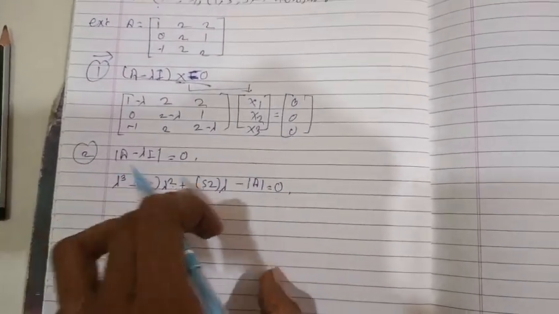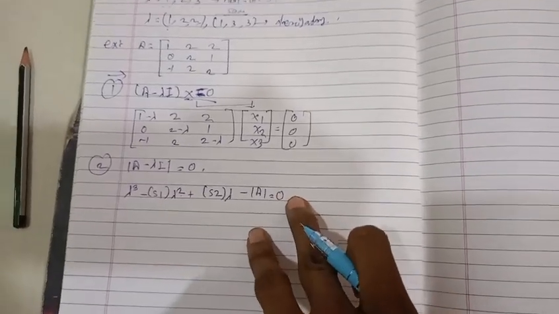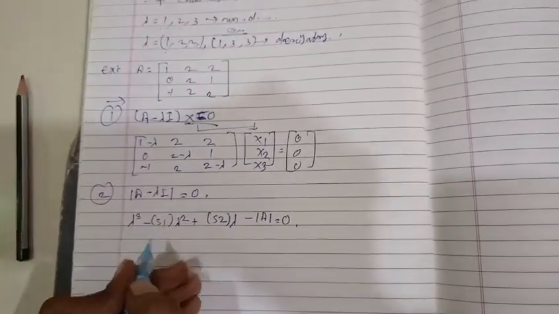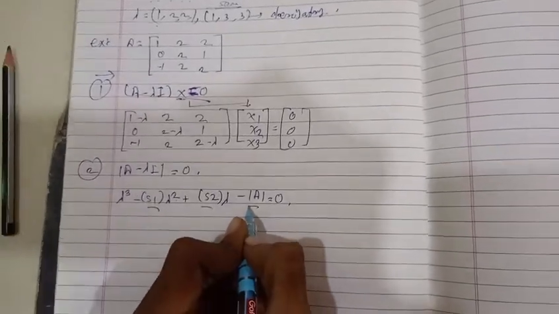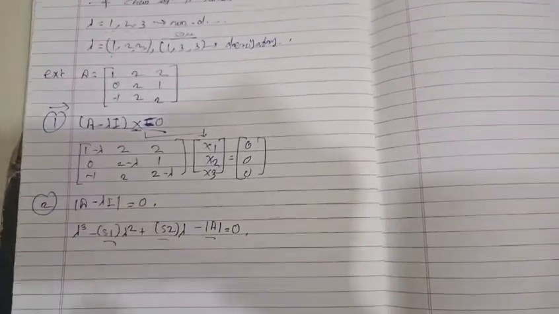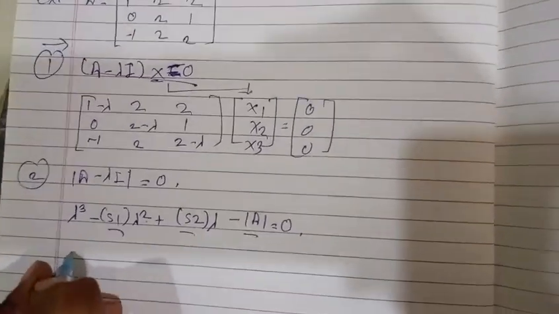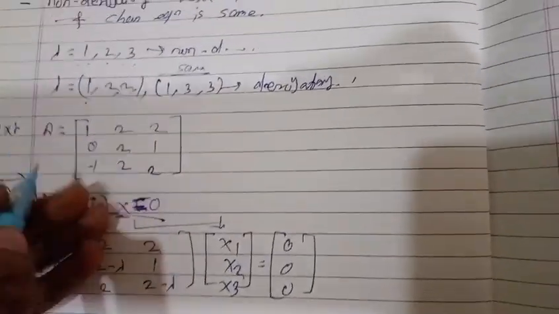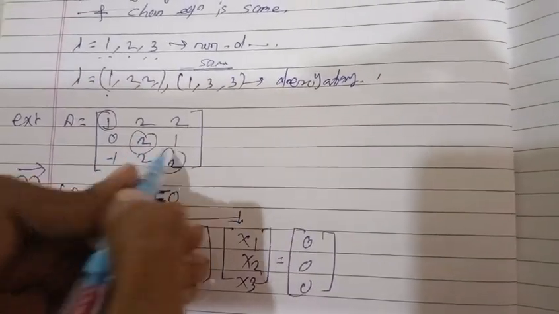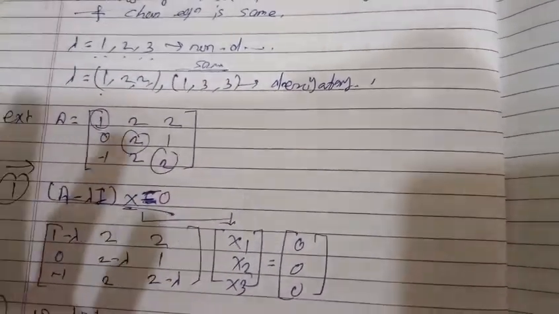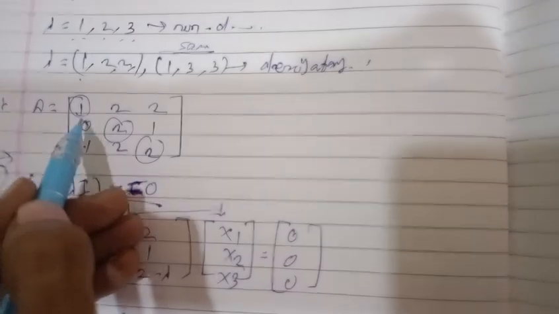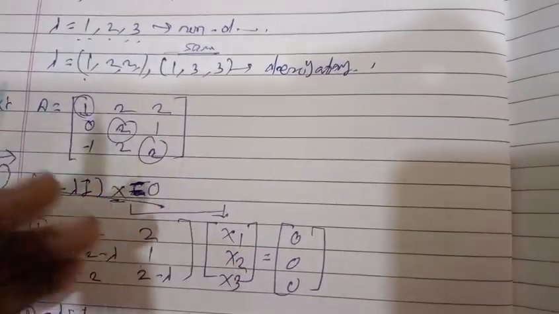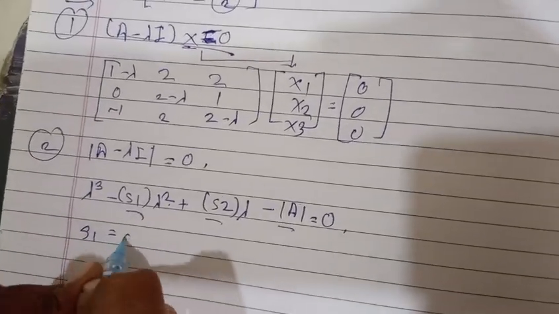Put in the standard formula values. First, I solve s1. So first of all use s1: it is the sum of the diagonal elements of the matrix, 1 plus 2 plus 2, which simply gives the value 5.